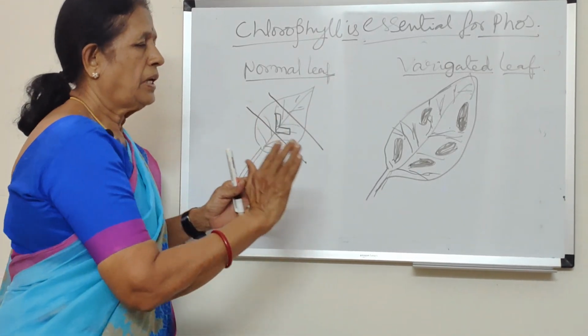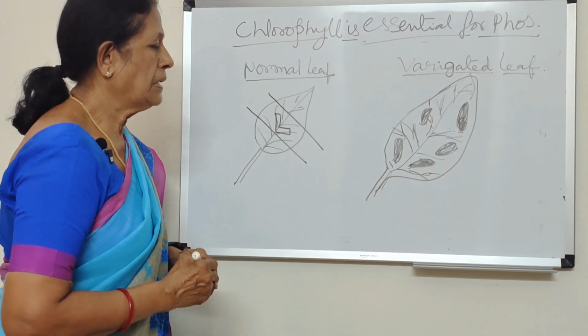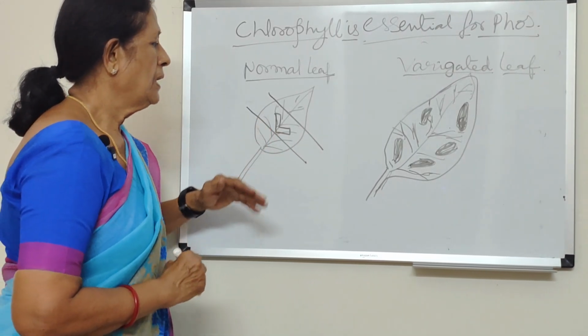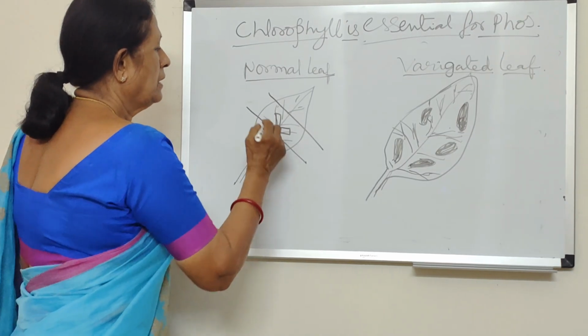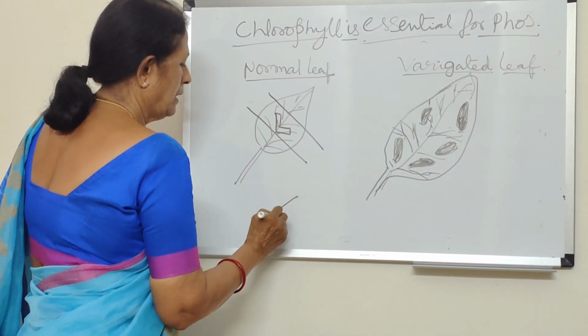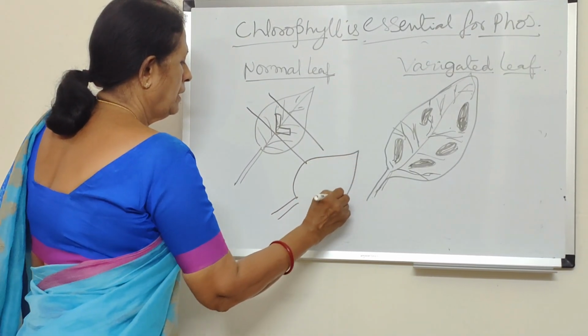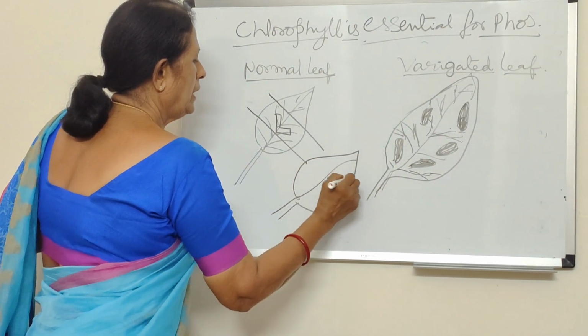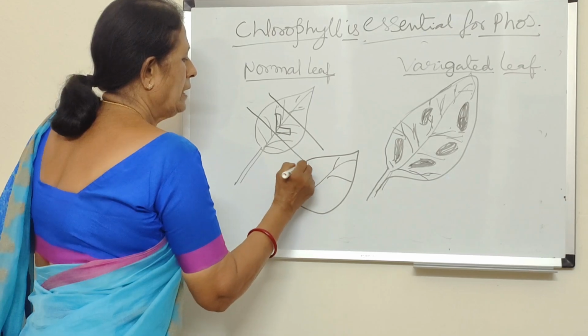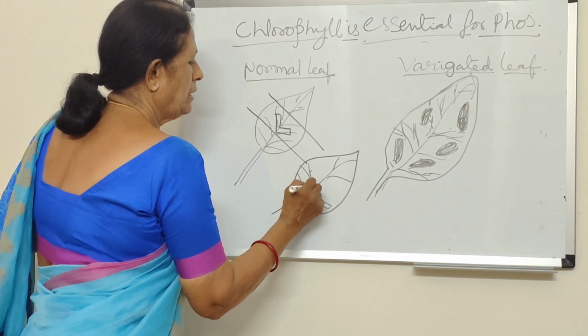We have to keep the potted plant in the sunlight for 3 to 4 hours. Then if we test for the presence of starch, the covered part of the leaf does not show any response to the iodine solution.